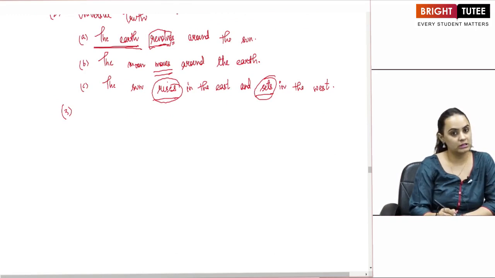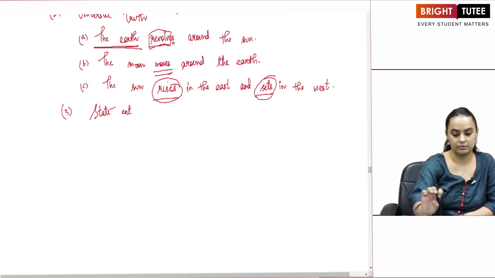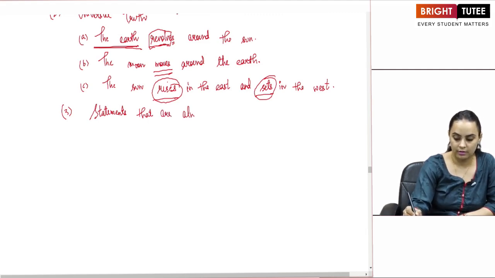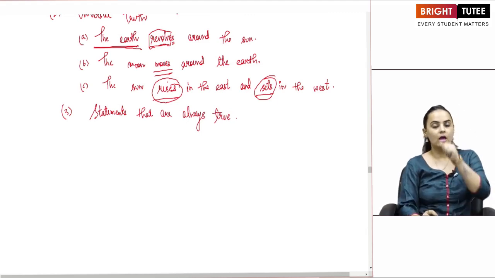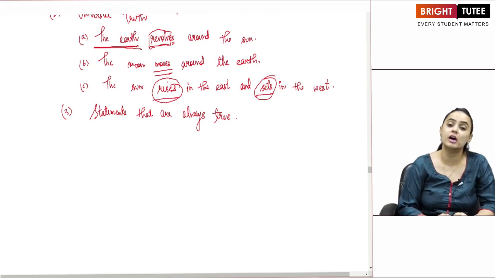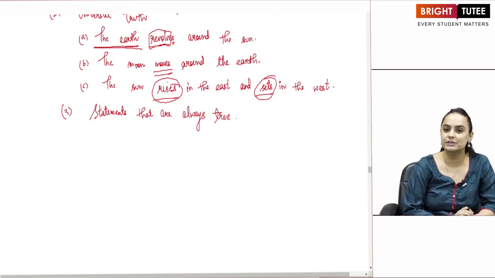Now coming to the third one. We use simple present tense for those statements that are always true.